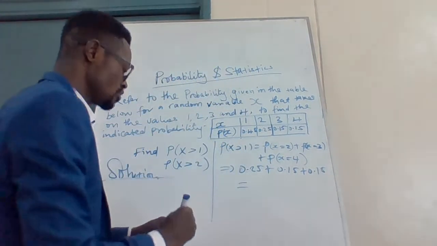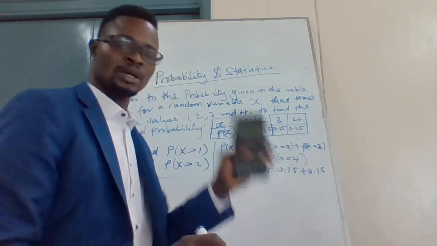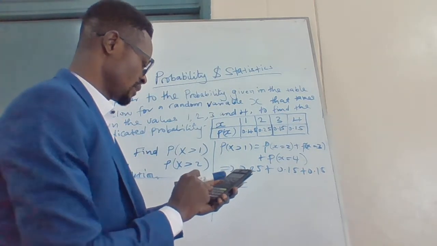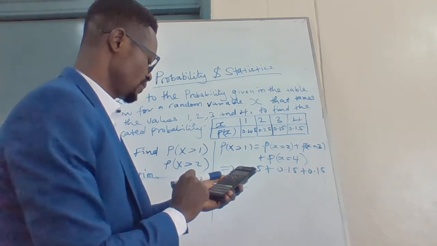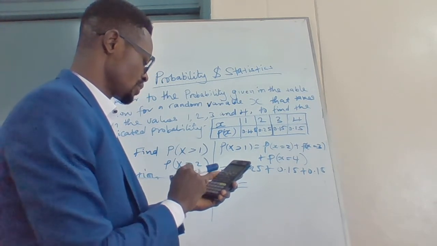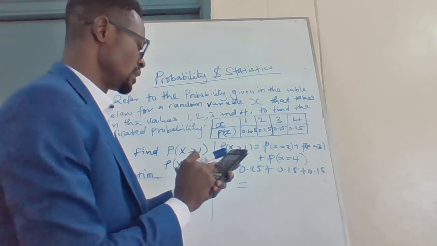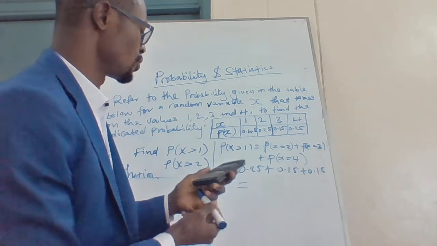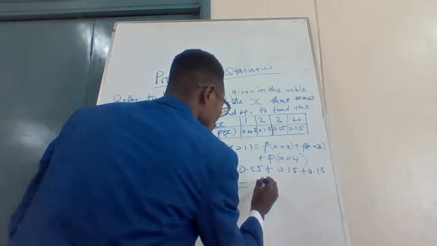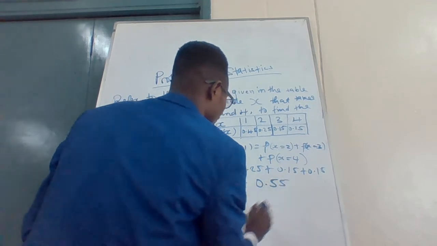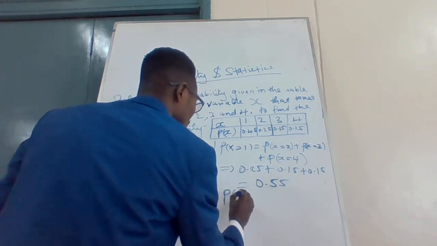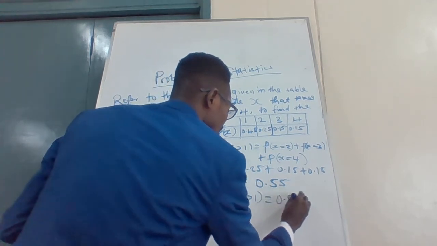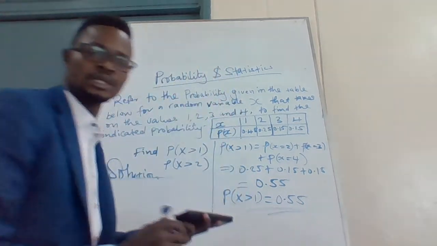You just plug these values into your calculator and then you are good to go. So let us see what we have. 0.25 plus 0.15 plus 0.15, and that will give you 11 over 20, which will be 0.55. The probability of x greater than 1 is equal to 0.55, and that's all we are expected to do.